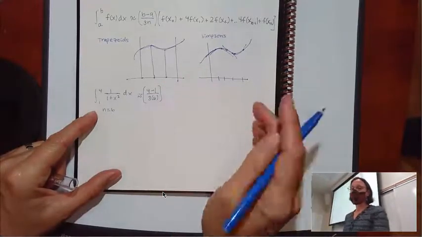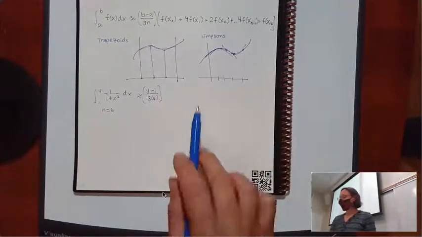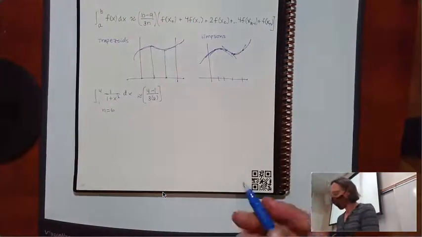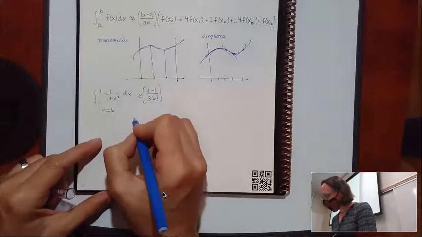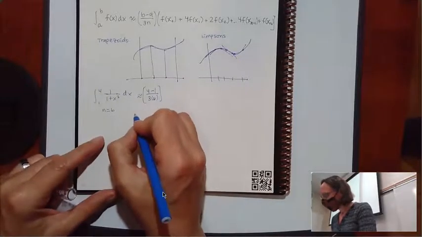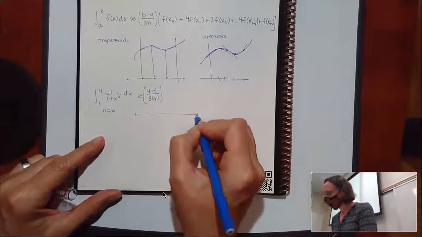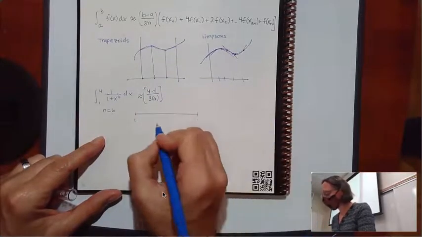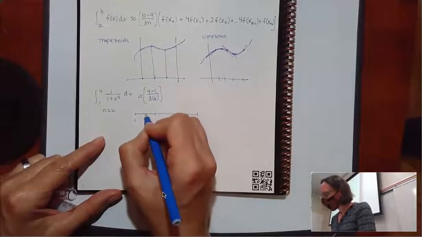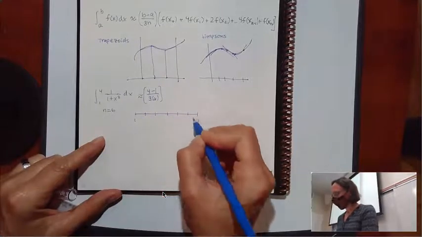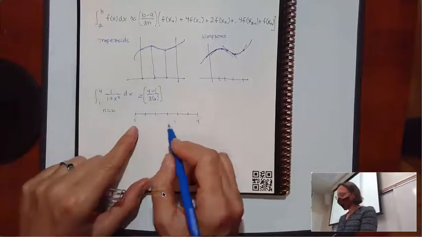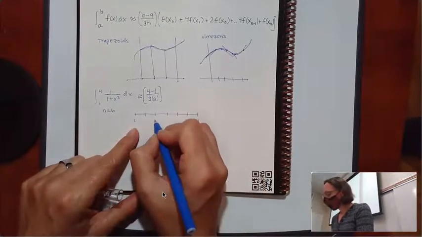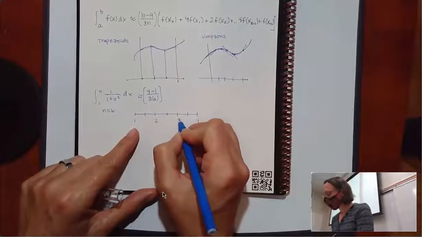In terms of what goes on the inside, this 4, 2, 4, 1 pattern, I know that we're breaking up the chunk from 1 to 4 into 6 pieces. So I'm breaking up 1 to 4 into 6 pieces, which means that must be a 2 and a 3.